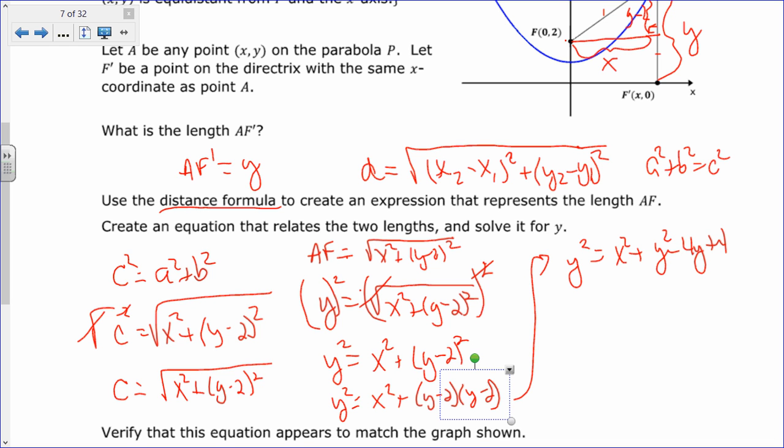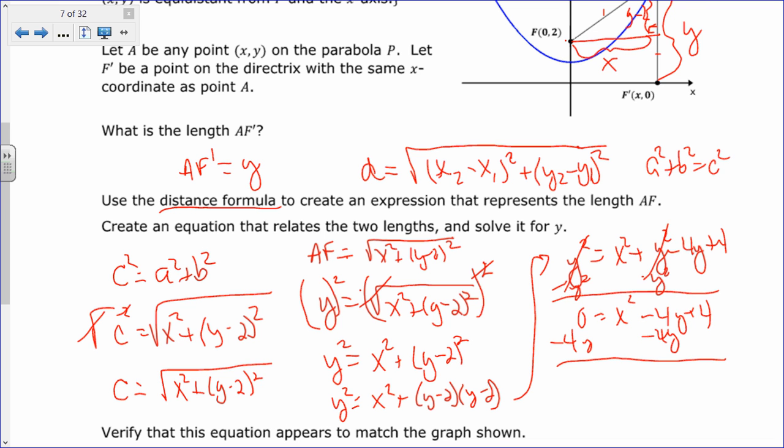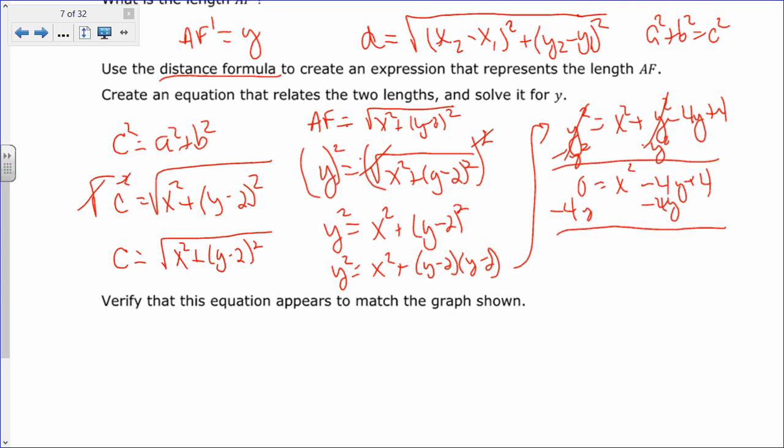And I want to get all the x's on one side, all the y's on the other. When I subtract y squared from both sides, they cancel each other out. So 0 equals x squared minus 4y plus 4. So add the 4y, my bad.